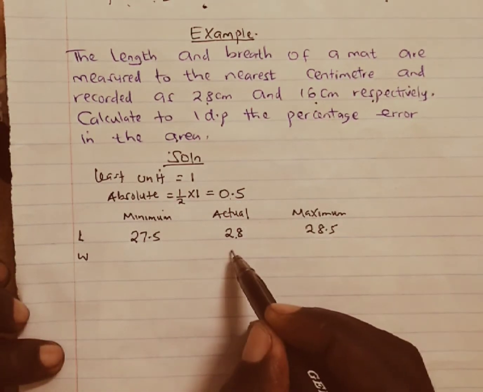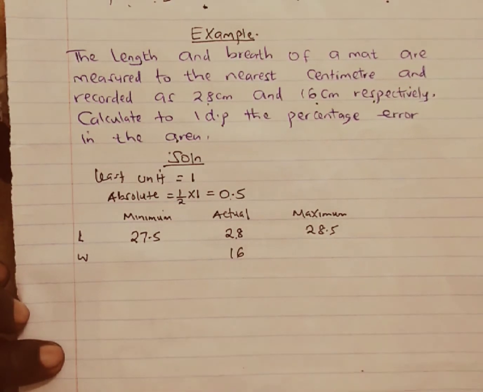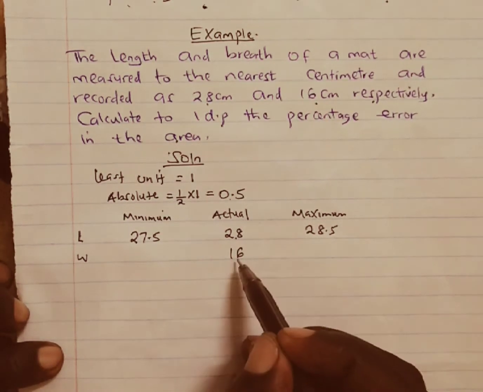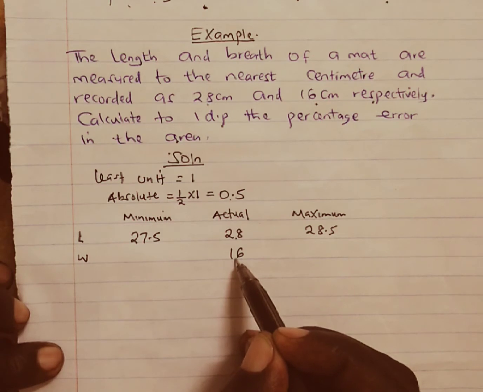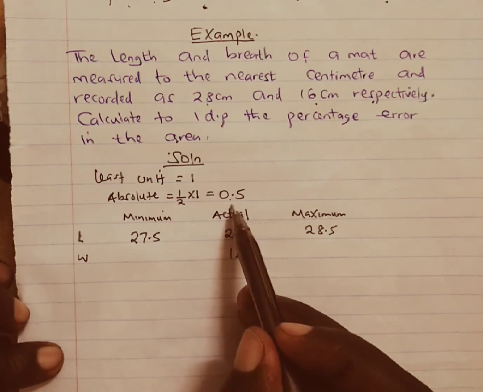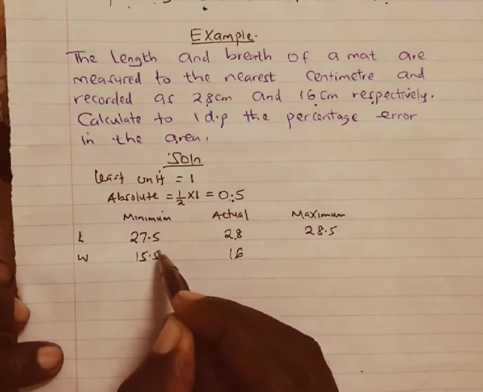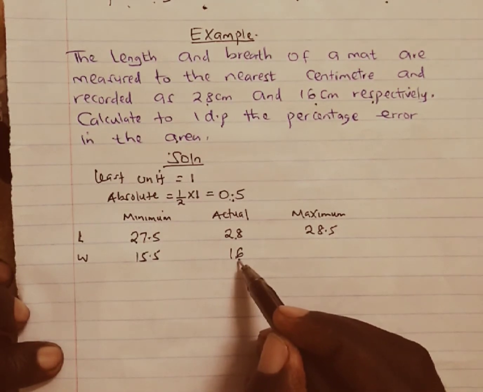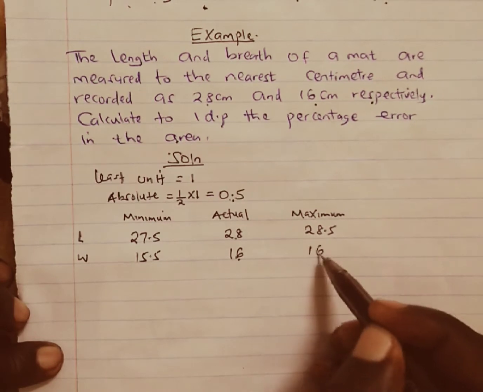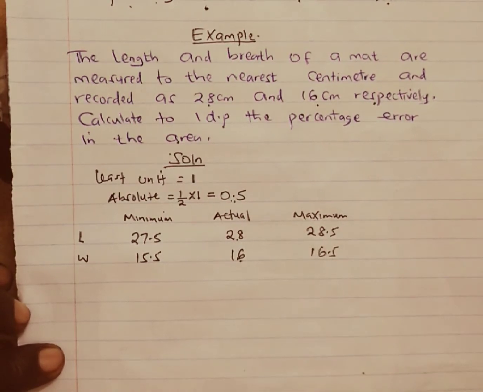Then the width has an actual value of 16. To get the minimum, we take the actual, we minus the absolute error, which gives us 15.5, and then we take the actual plus the absolute error. This one gives us 16.5 as the maximum width.